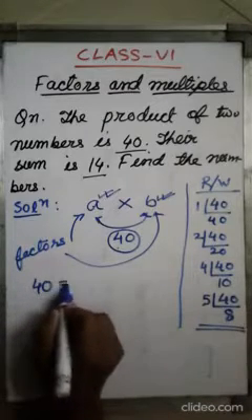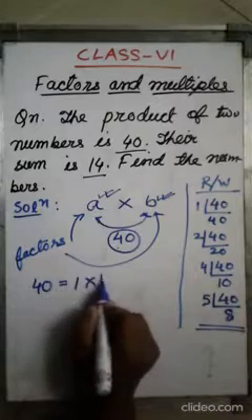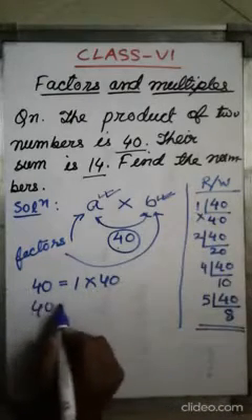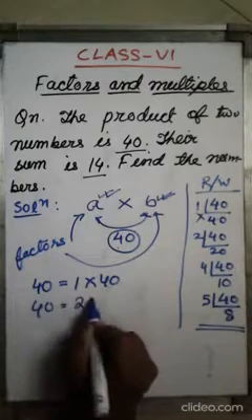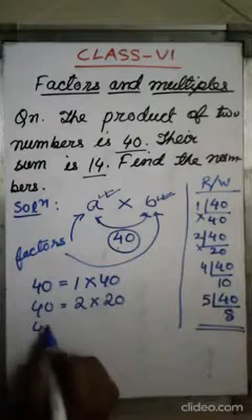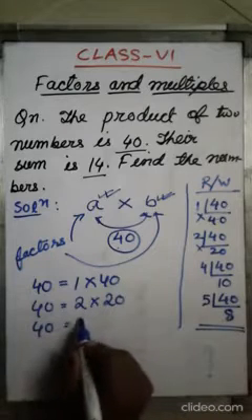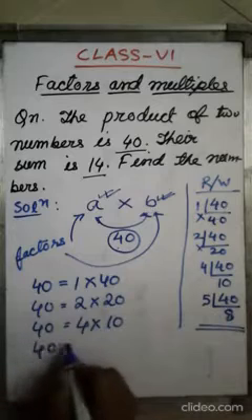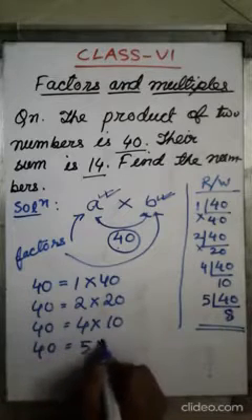40 is equal to 1 into 40. 40 is equal to 2 into 20. Again 40 is equal to 4 into 10. 40 is equal to 5 into 8.